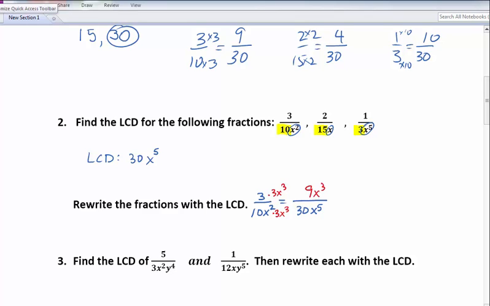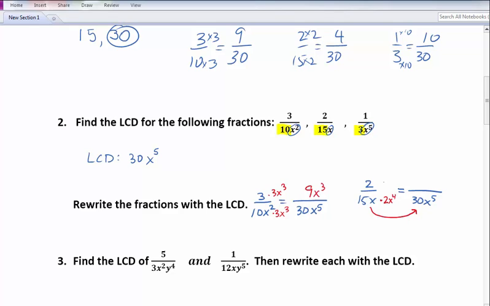The other one, 2 over 15x, if I rewrite that as something over 30x to the fifth. Let me move this equal sign over a little bit. If I look at the 15x and I want to build it up to 30x to the fifth, I have to multiply by 2x to the fourth.